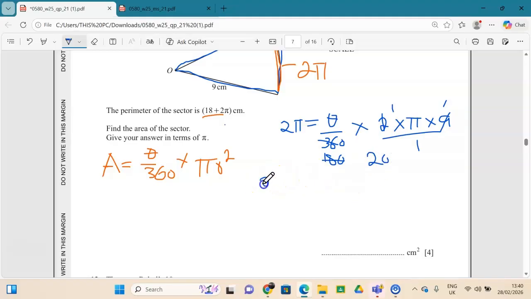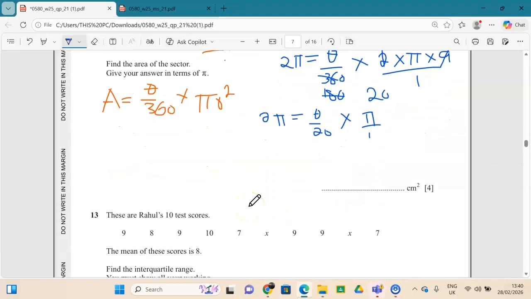So what are we going to have now? We're going to have that 2 pi will be equal to theta over 20 times what do we have remaining here? We still have our pi here. So we're just going to have pi over 1 remaining. We can simplify at this point. Theta times pi will give us pi theta.